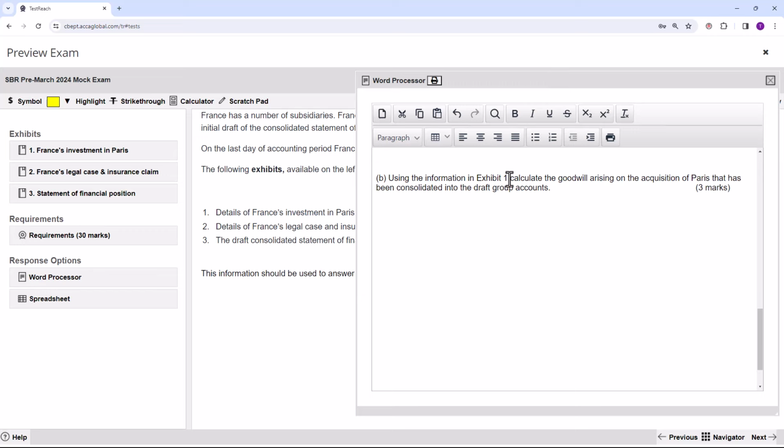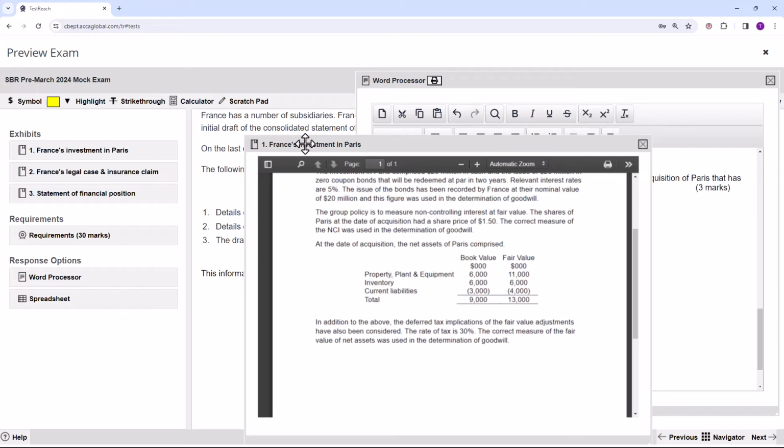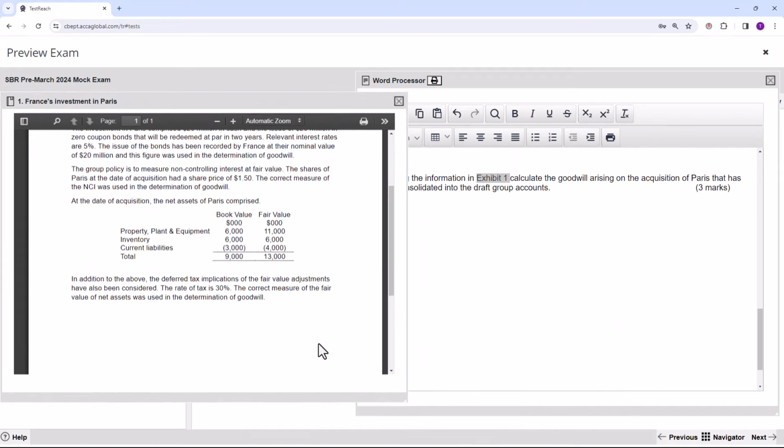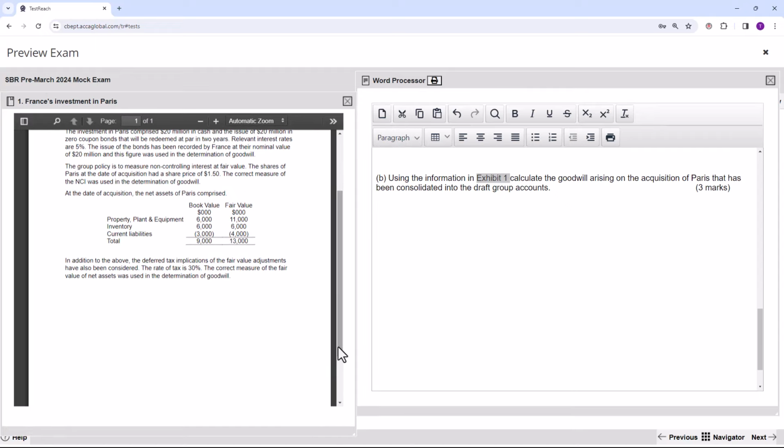I've got to calculate goodwill, but I've got to use the information in Exhibit number 1, and therefore I am now fully digesting the information that is given in Exhibit number 1.